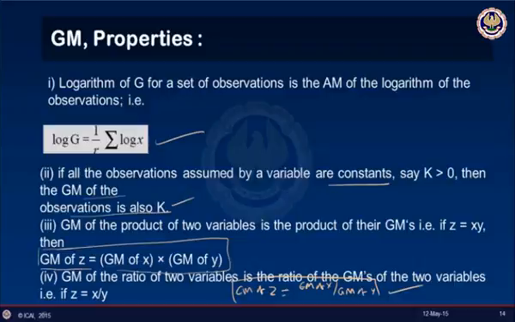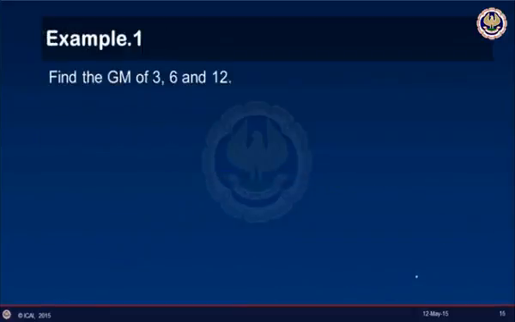Let us look at some important examples. The example: we have to find the GM of 3, 6 and 12. The given data is 3, 6, 12, and for this we have to find the geometric mean.